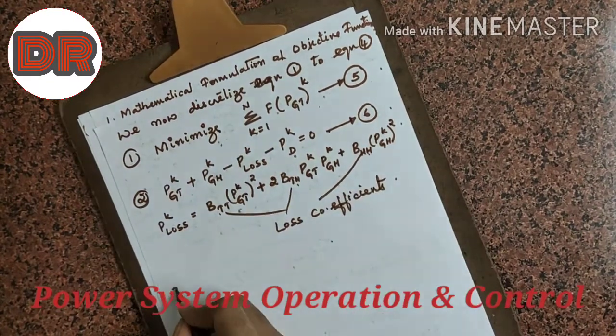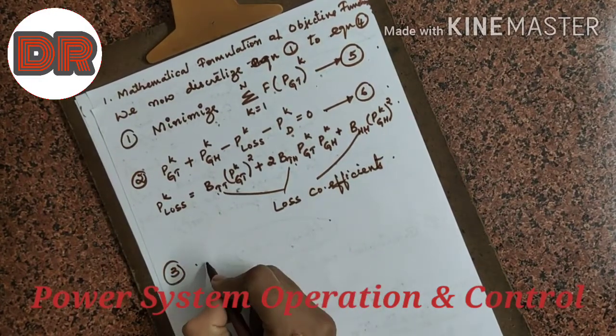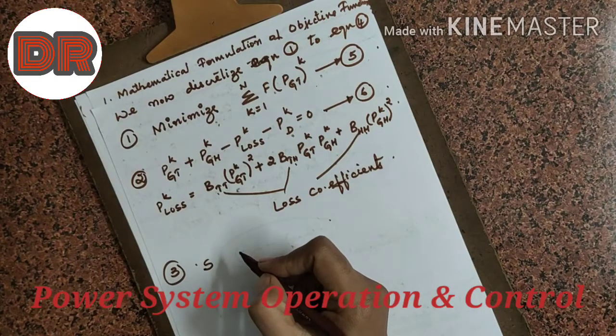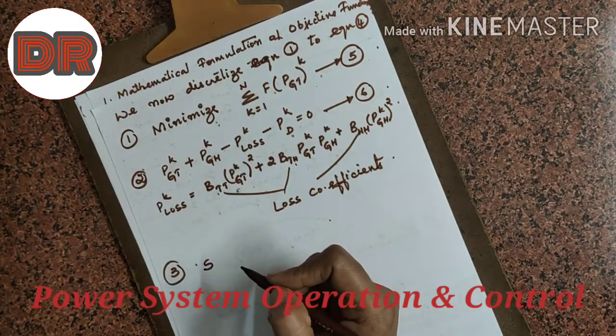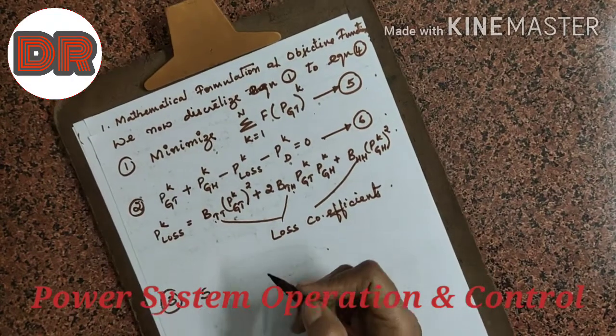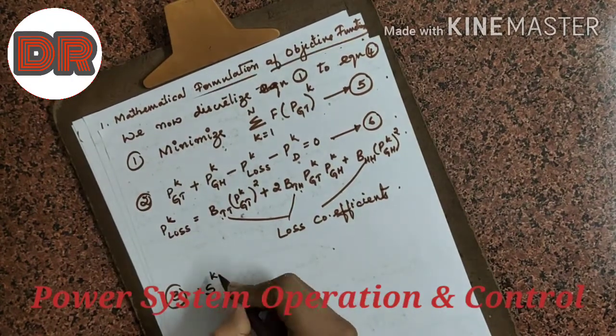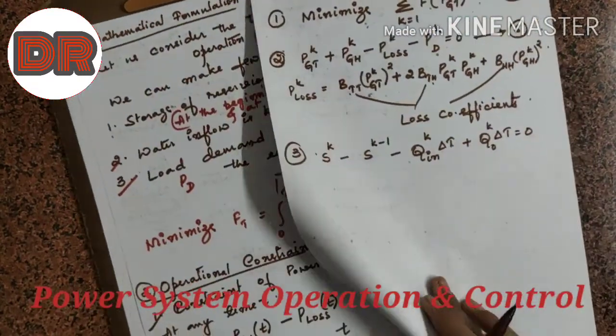And the second constraint we have written in the form of water storage in the reservoir, and also the water inflow and water outflow. So let me write.